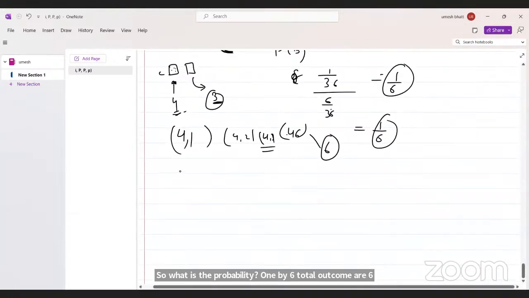Now after that we have the independent case, which is what?